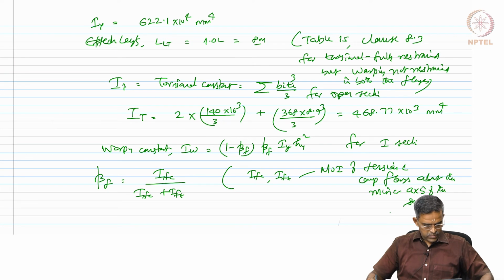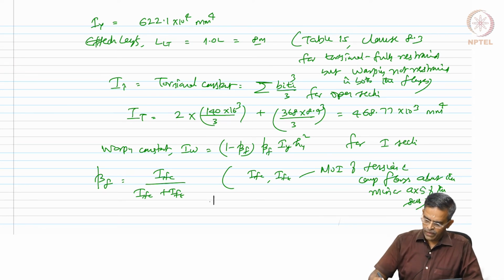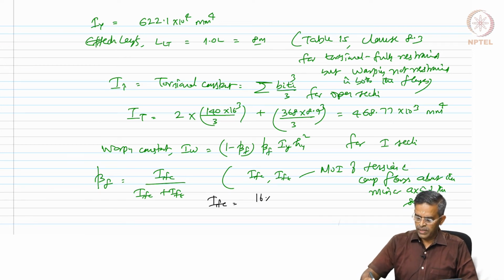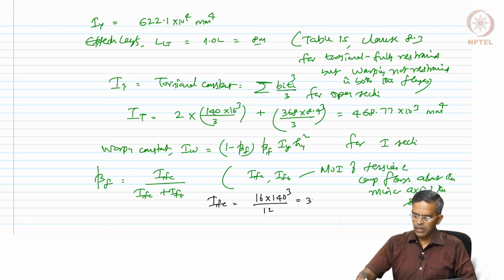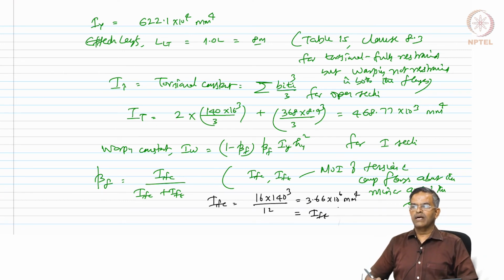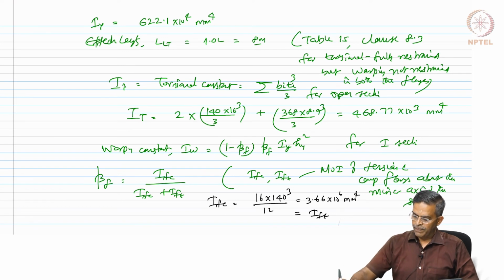Let us compute IFC, that is very easy. So, IFC about minor axis: b t cube by 12, I can now say this is going to be 3.66 10 power 6 mm4. So, we have the same as IFT, tension and compression flanges minor axis moment of inertia is same.